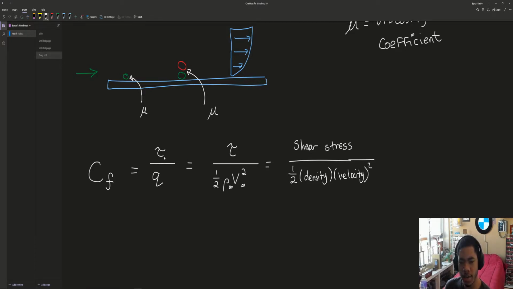Now shear stress is, we're just talking about two objects sliding across each other. One cool example of the shear stress idea is earthquakes. When two tectonic plates are rubbing against each other, once they move with an excited force, you have an earthquake.